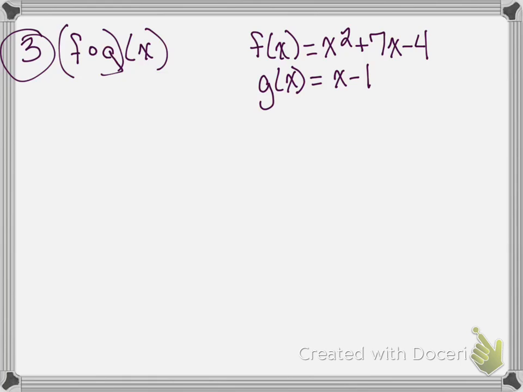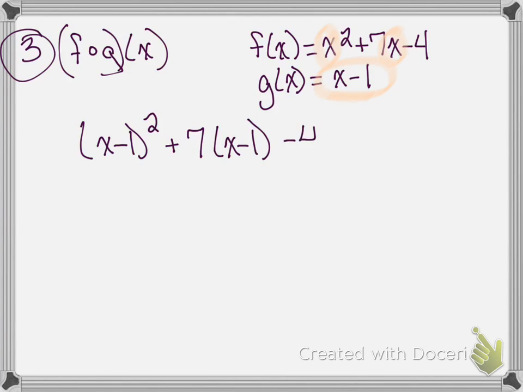So because I'm doing f composed of g, that means I'm going to take g, which is x minus 1, and I am going to put it into both x's. Okay? So I've got to put it into each x that shows up in f of x. So I'm going to have x minus 1 squared plus 7 times x minus 1 minus 4.